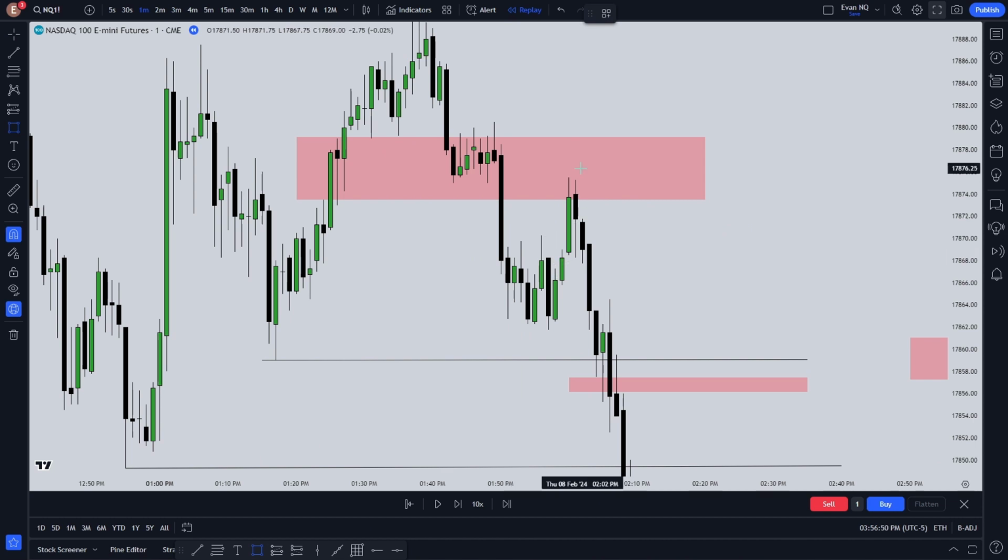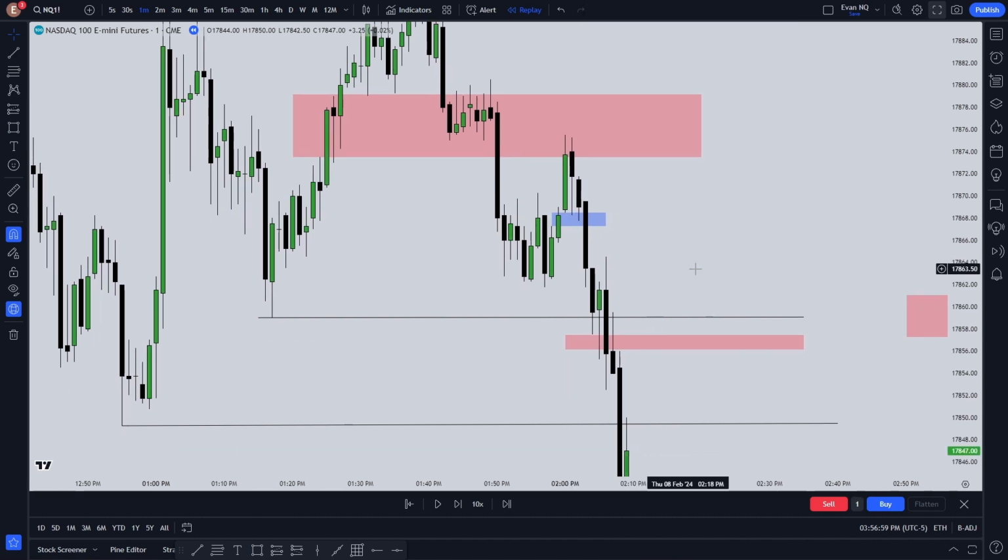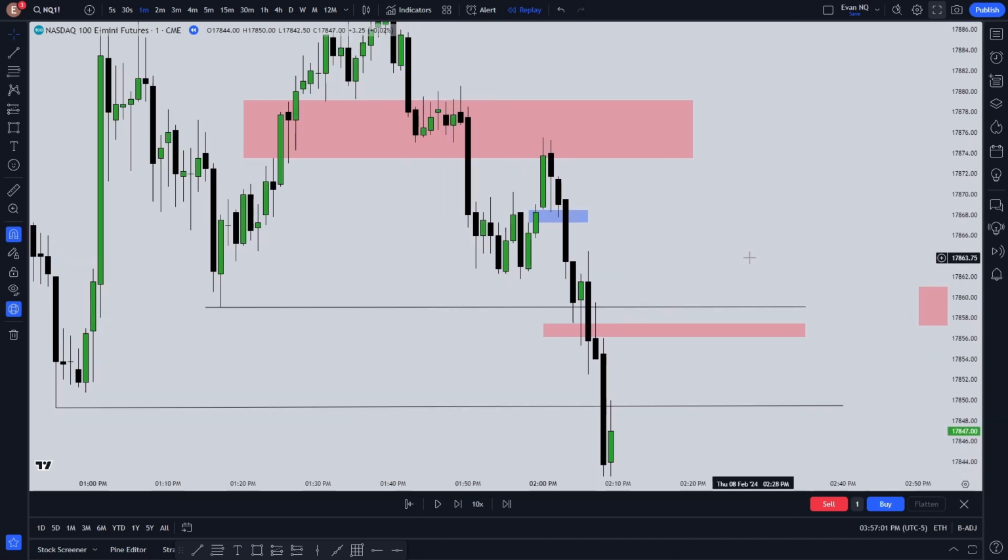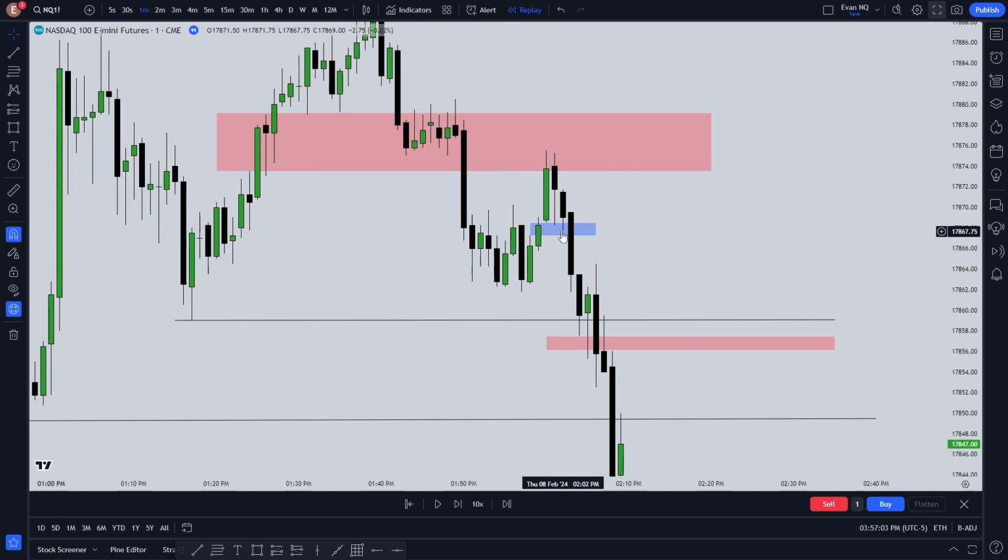So for this setup, you're gonna look for a bullish fair value gap to get disrespected and turned inverse. So you see this 1 minute fair value gap is disrespected after respecting this displacement in this 5 minute inverse.